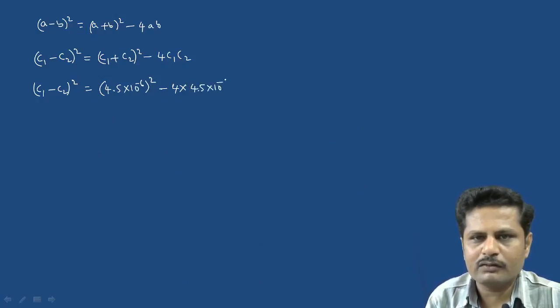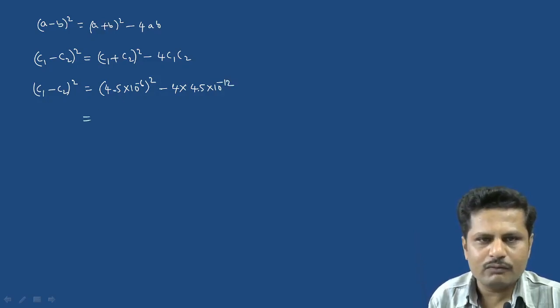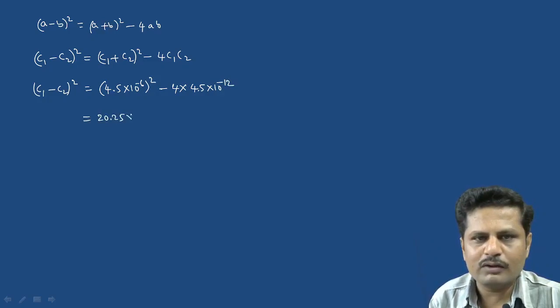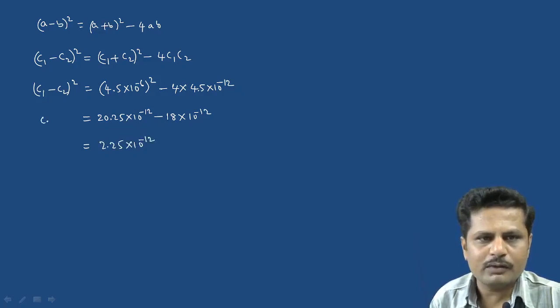So this equals 4.5 into 4.5, that is 20.25 into 10 raised to minus 12, minus 4.5 into 4, that is 18 into 10 raised to minus 12. Now 20.25 minus 18 equals 2.25 into 10 raised to minus 12. This is C1 minus C2 whole square.